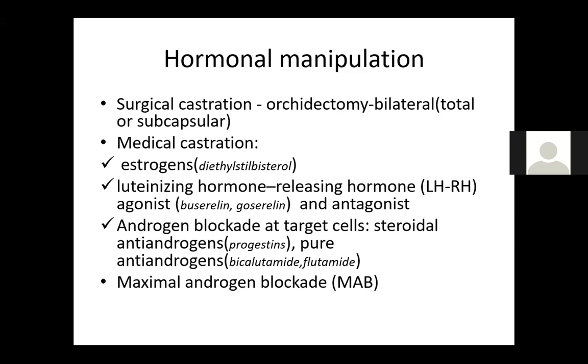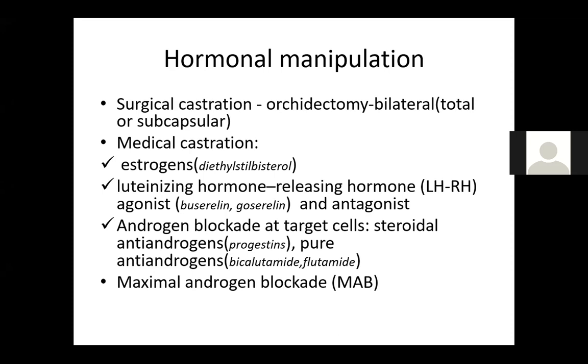You castrate the patient bilaterally, and it can be total or subcapsular. These are just techniques in the surgery. But what you should know is that one of the hormonal manipulations is surgical castration. The other is medical castration, and what we use for medical castration can be estrogens, okay?